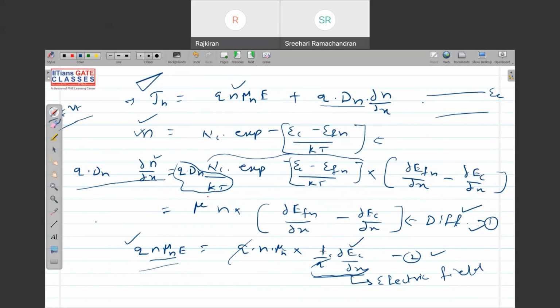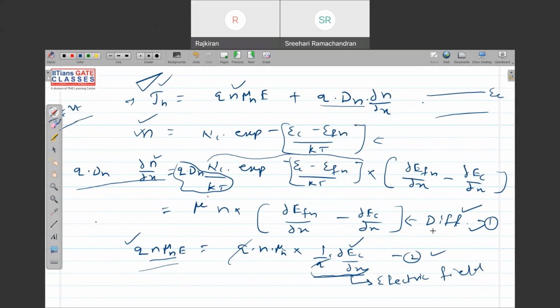If I add these two, the Ec term will get cancelled. The n mu n dEc by dx with minus sign cancels with n mu n dEc by dx.